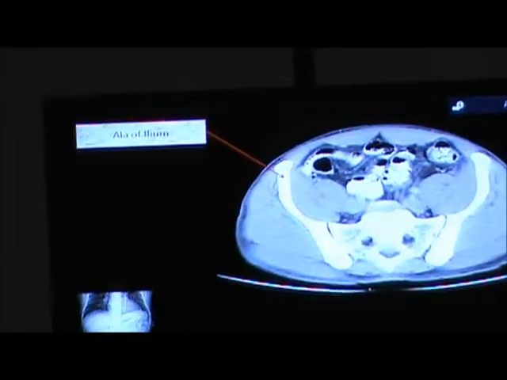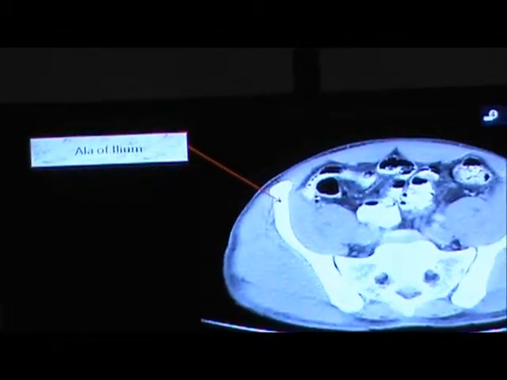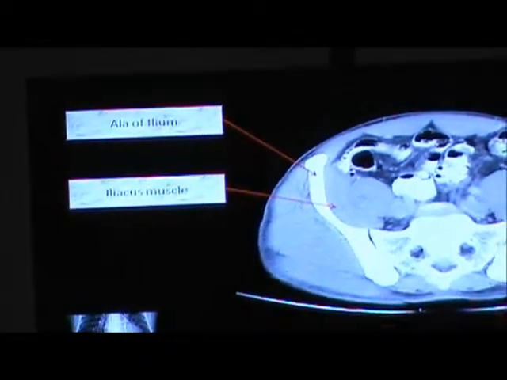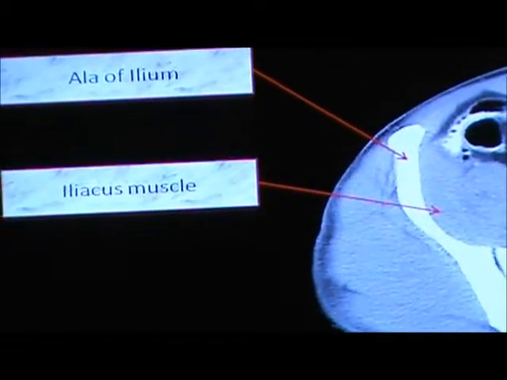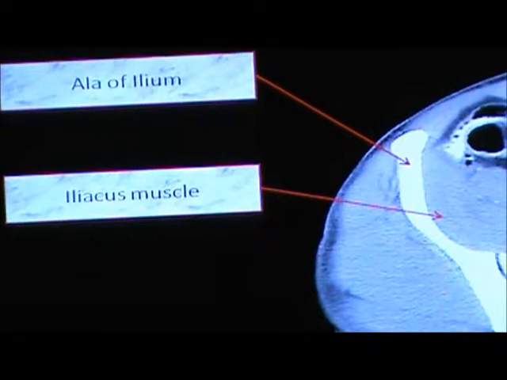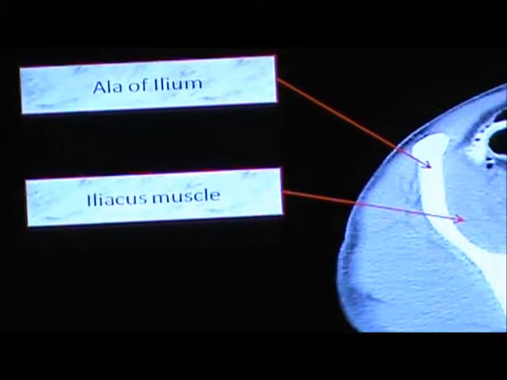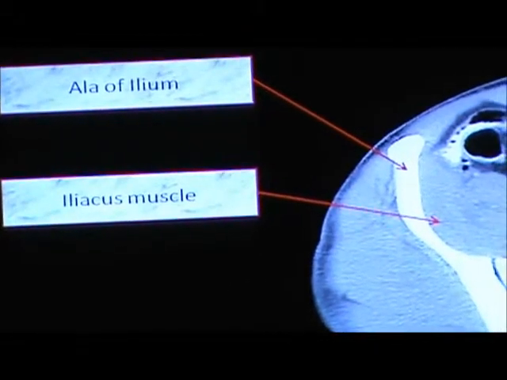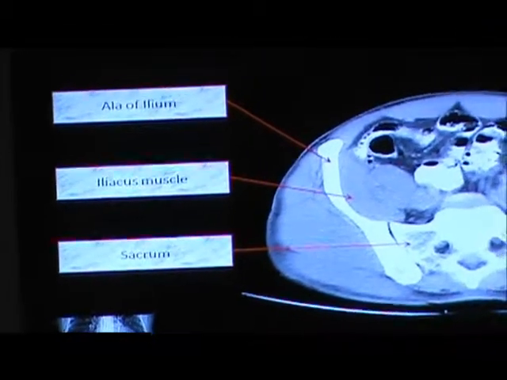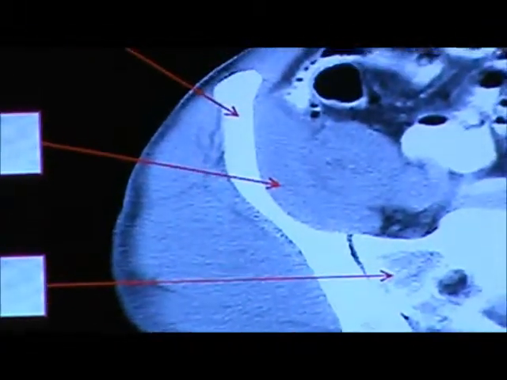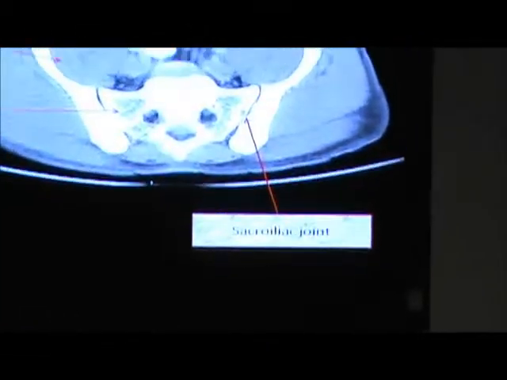A little lower, we have bony parts of the pelvis, such as the ala of the ilium, and the muscle that fills its internal surface, covers it, which is the iliacus muscle, a part of the iliopsoas muscle. So the psoas major muscle and iliacus create the iliopsoas one, and we have also a part of the sacrum that, along with the ilium, creates the sacroiliac joint.